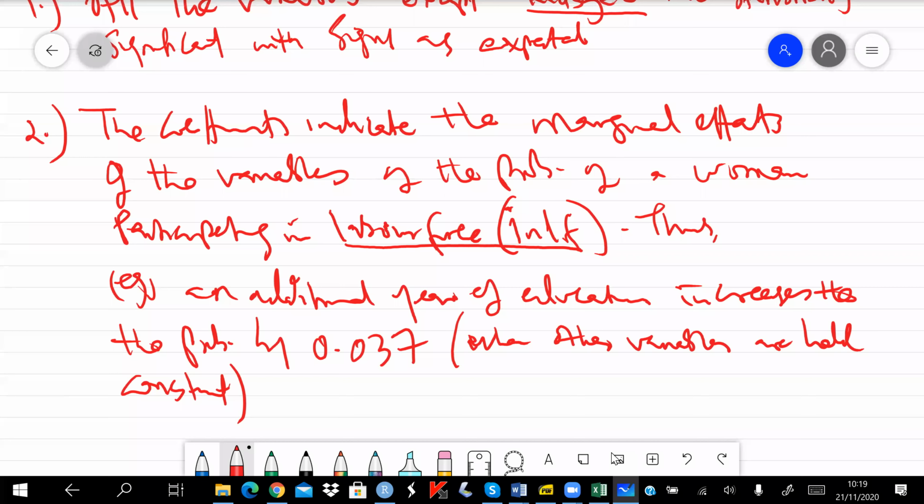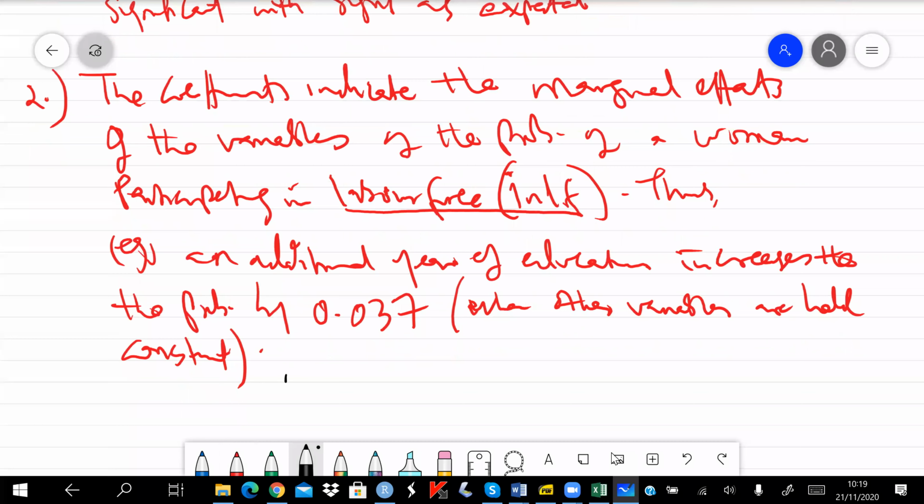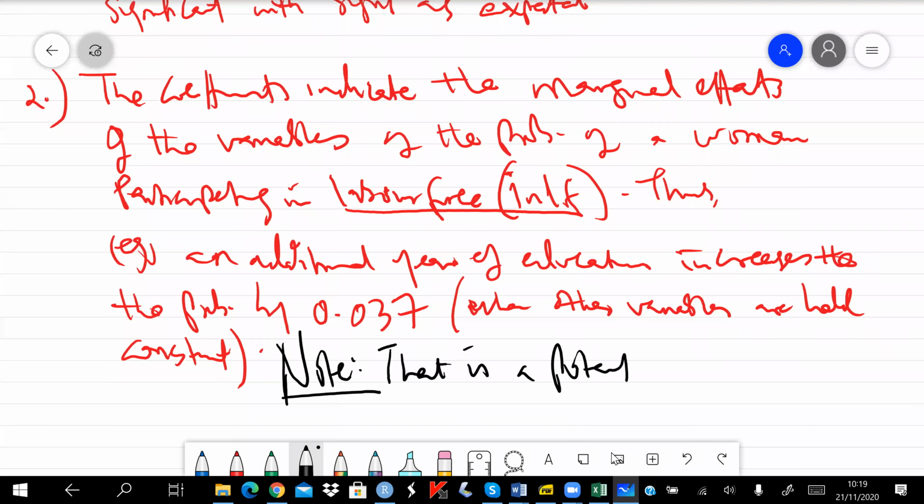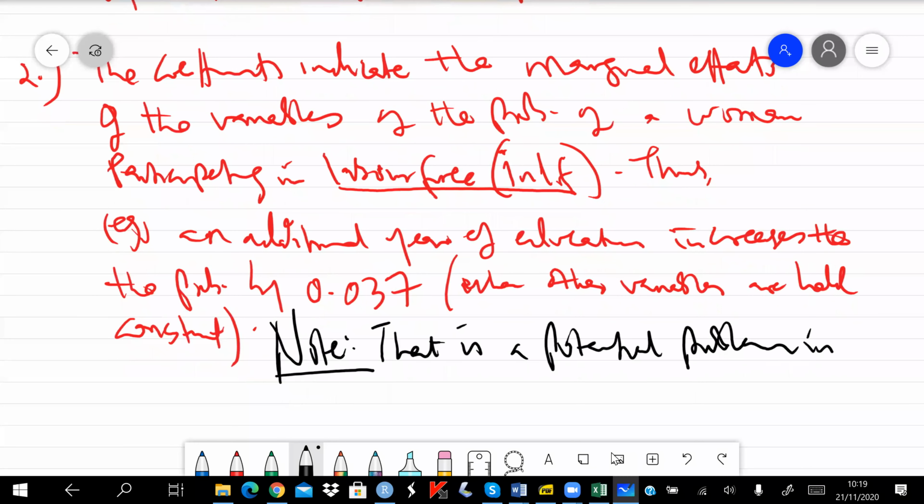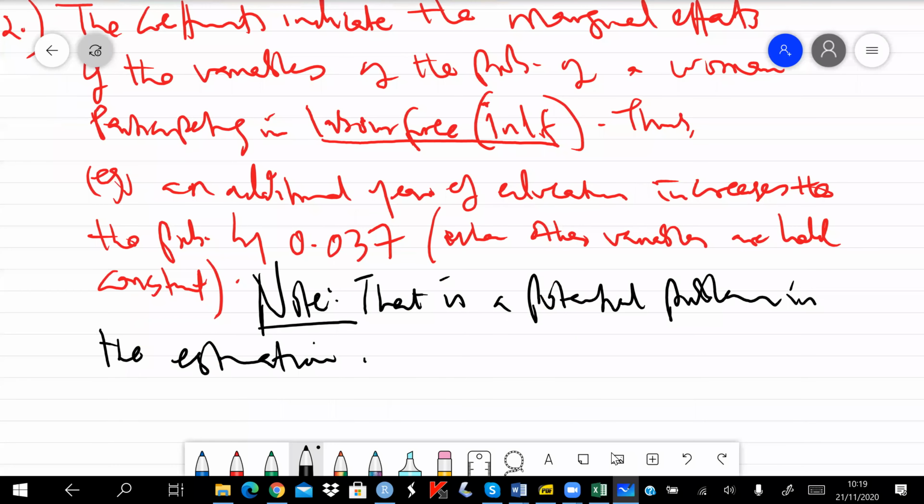And we note that that is a potential problem in the estimation of probabilities, huh? Because it is possible for the change to be more than one.